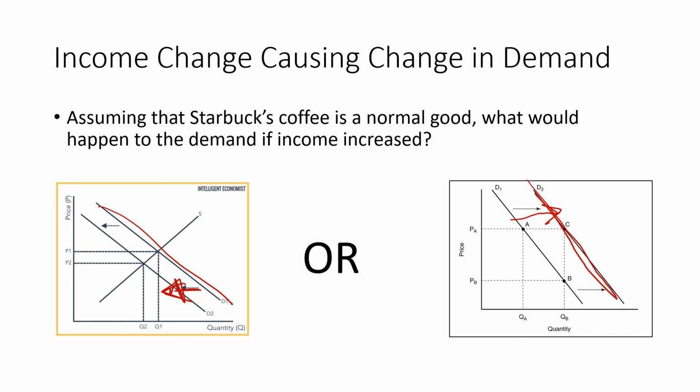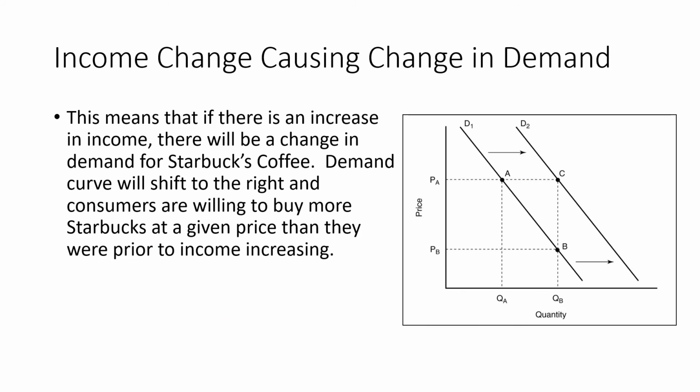So if I assume that Starbucks coffee is a normal good, what will happen to the demand curve if income is increased? I'll give you a minute to think about that. What's basically going to happen is that the demand curve will shift to the right. Why? Because at a given price, let's say Starbucks costs me $5 and my income increases. Let's say at $5 per cup, I was maybe willing to buy 2 cups per month.